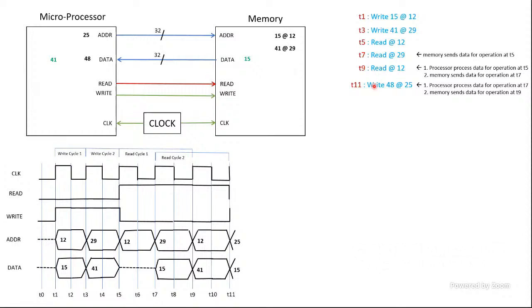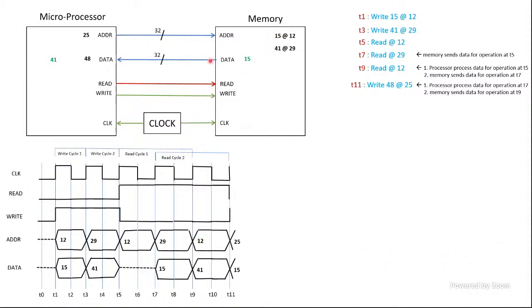Now what is happening at this point, other than this instruction being sent to the memory? Number one, your processor is processing data from the operation at T7. See that previous operation, 41, is now being consumed inside the microprocessor. Memory is sending the data for the operation at T9. At T9, memory was requested to send data from address 12, which is 15.